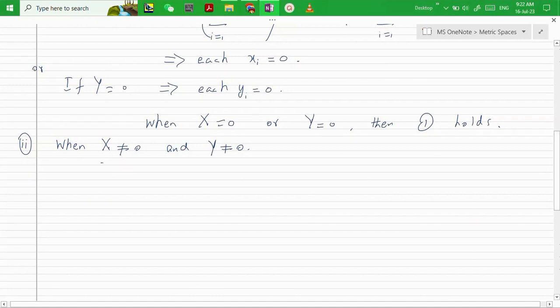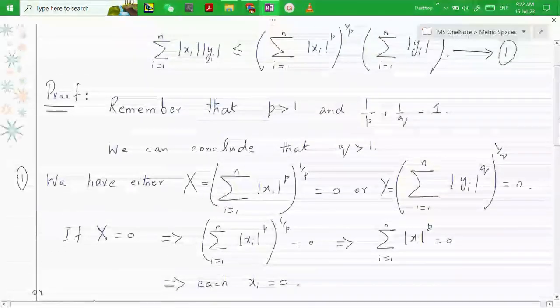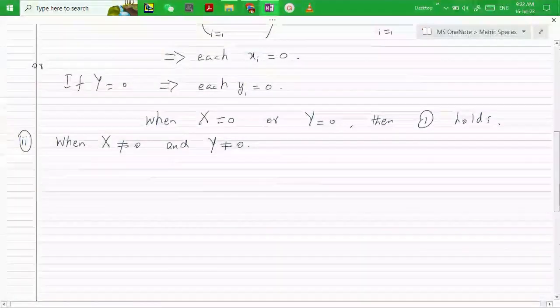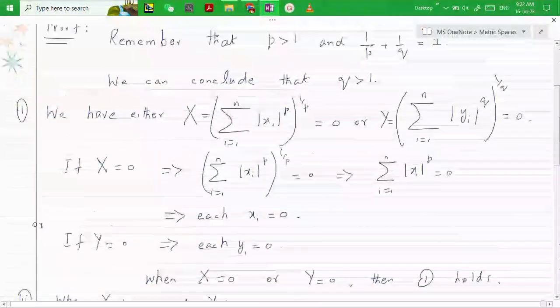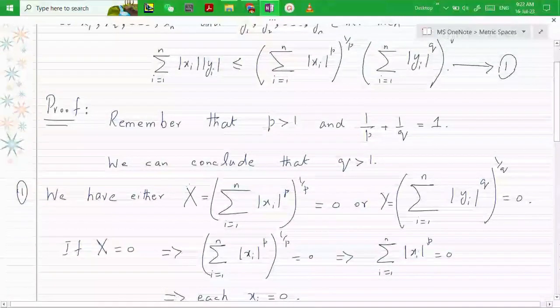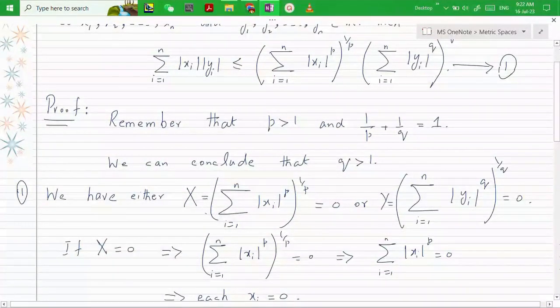When this one and this one are non-zero, it means that, what is X? Capital X is equal to summation i from 1 to n of mod xi power p, whole power 1 by p, and capital Y is equal to summation i from 1 to n of mod yi power q, whole power 1 by q. This is our capital Y.